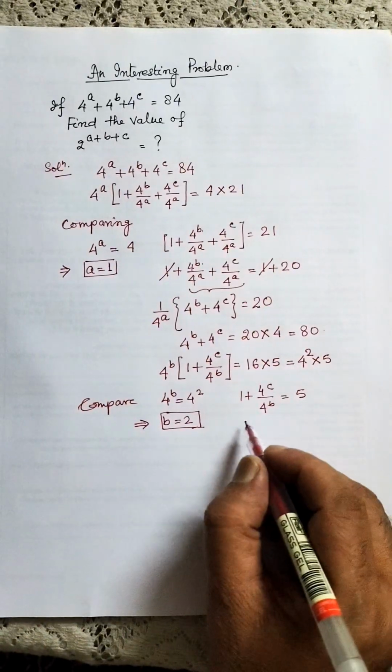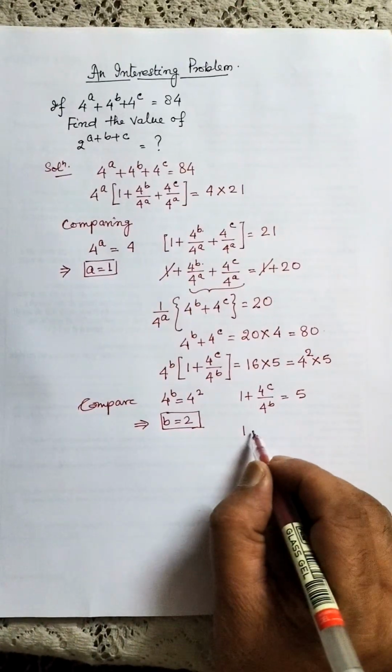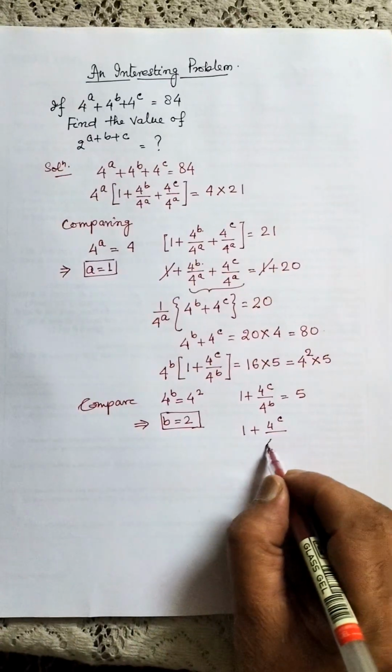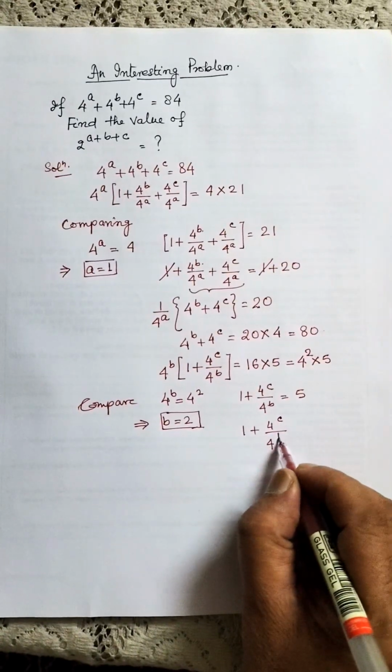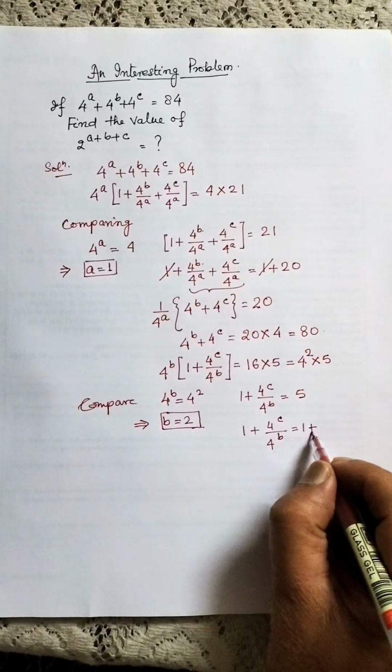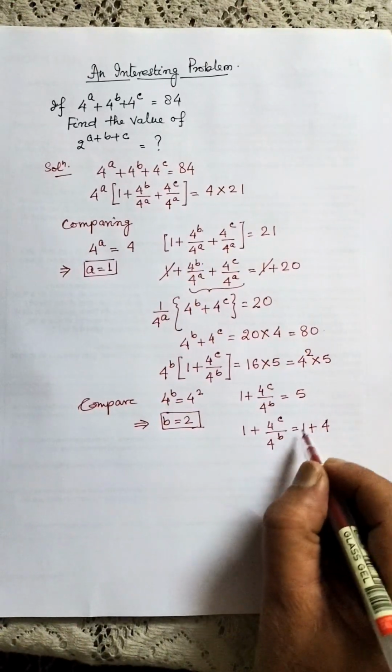And here we will write it as 1 plus 4 raised to the power of c upon 4 raised to the power of b, and 5 again I will split as 1 plus 4.